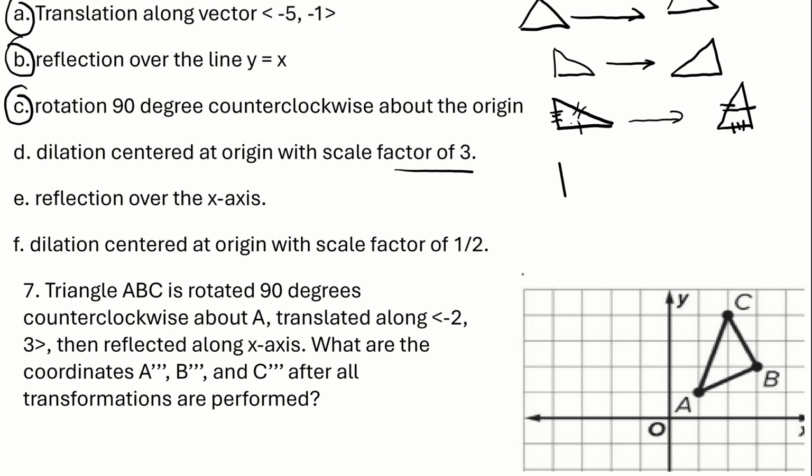So if I took this little triangle, I made it 3 times bigger, right? That's a dilation with a scale factor of 3. So this is incorrect, right? This is changing the distance, so therefore it's not D.